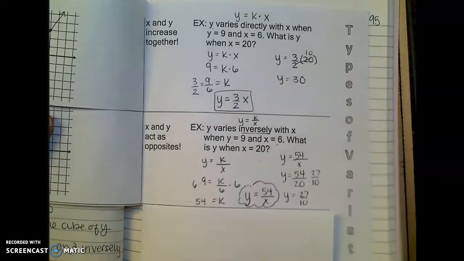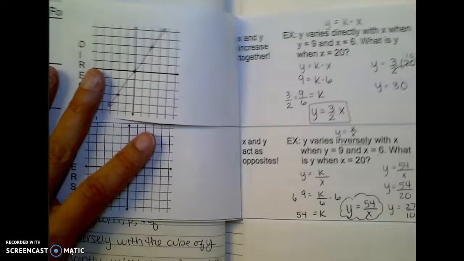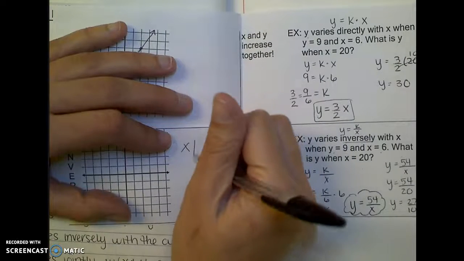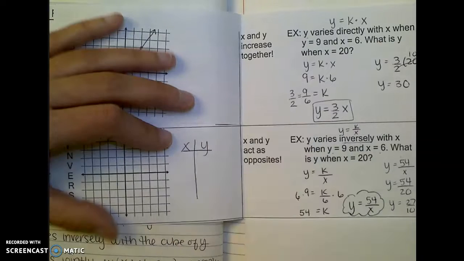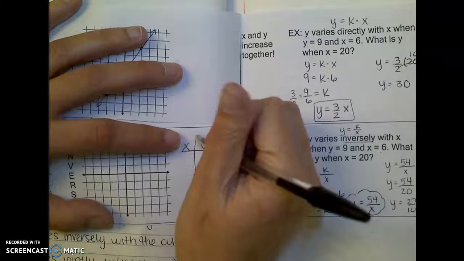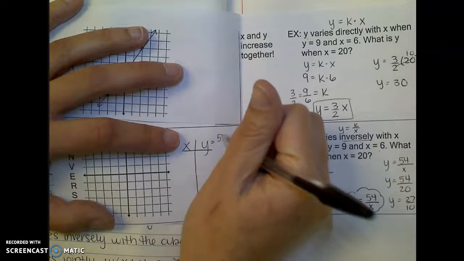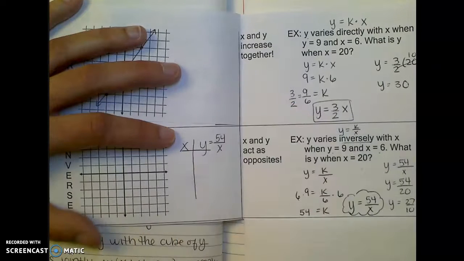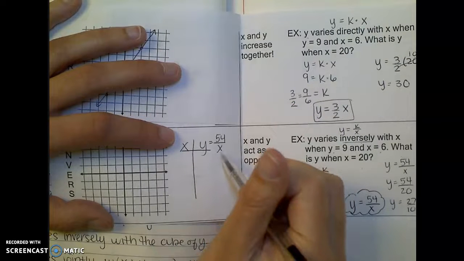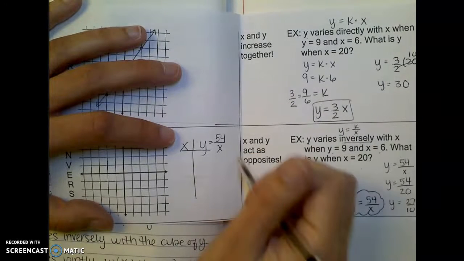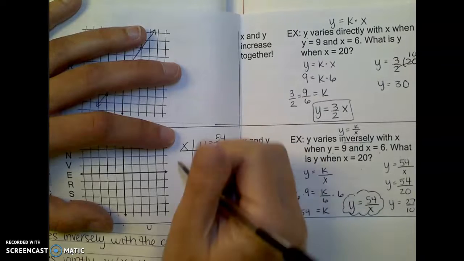Now this is definitely something that I don't know how to graph yet. So if I think about a table of values, we want to maybe consider some positives, some negatives. So if my equation is that 54 over x, some negative values that I might pick are like -2, because 2 can go into that.